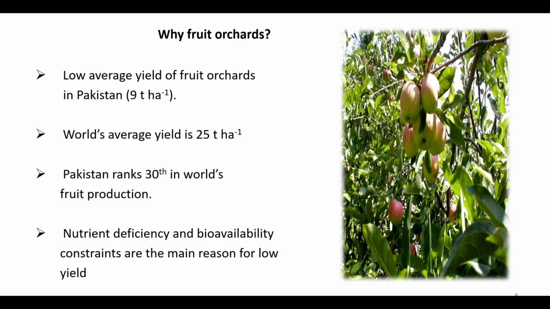But with this lower average yield, Pakistan ranks 30th in fruit production. One of the major reasons for this lower yield is nutrient deficiency and low bioavailability of the nutrients to the crops.